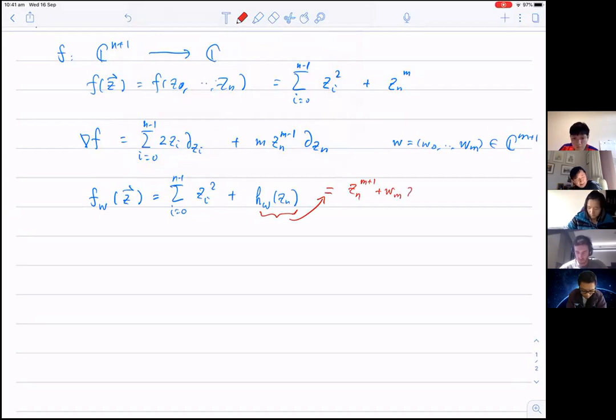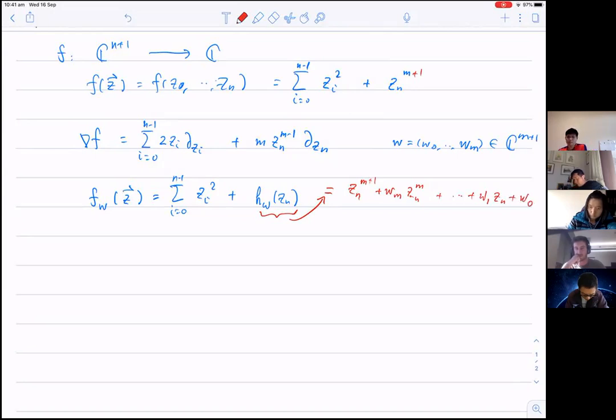Sorry, it's again n plus 1, or m, or maybe it's n. It's n minus 1. Okay, or maybe this is plus 1. Otherwise, it will be... Good. Then W1 Zn and W0. Yeah.